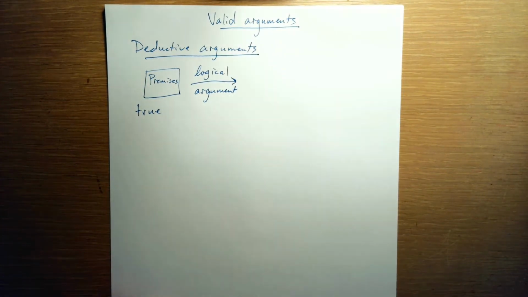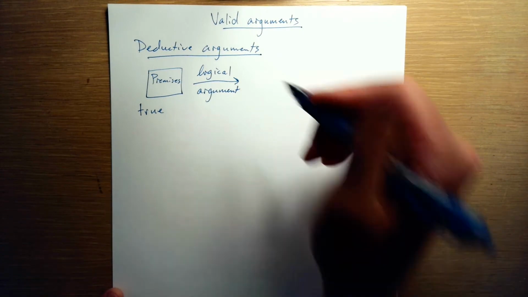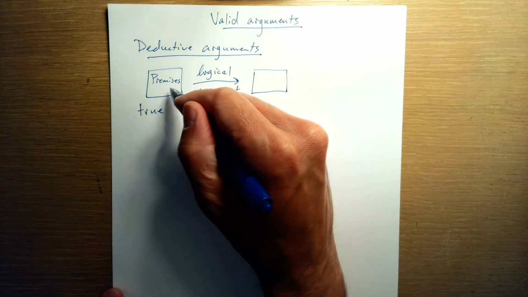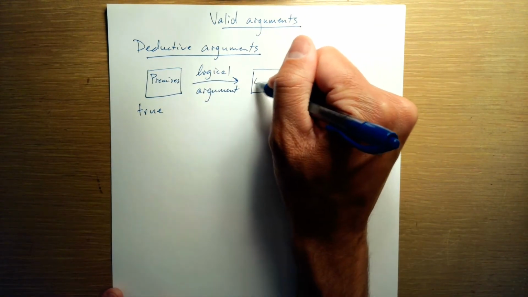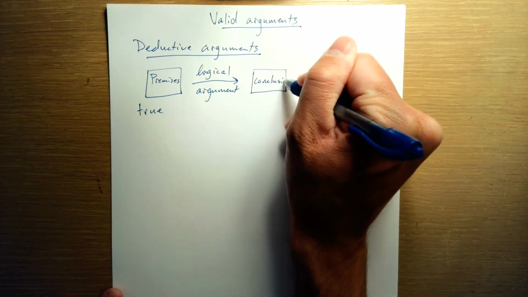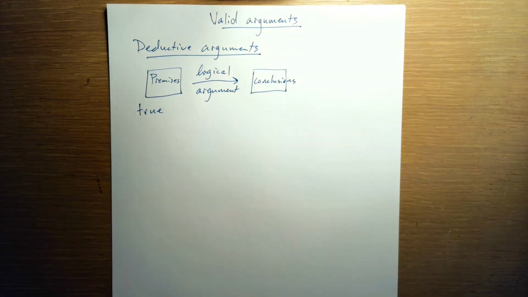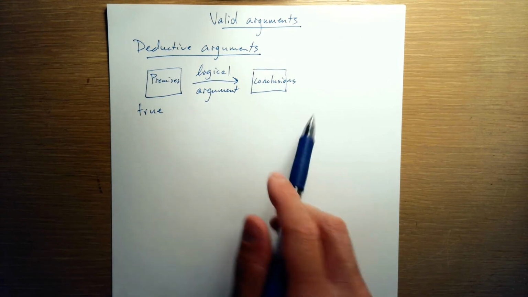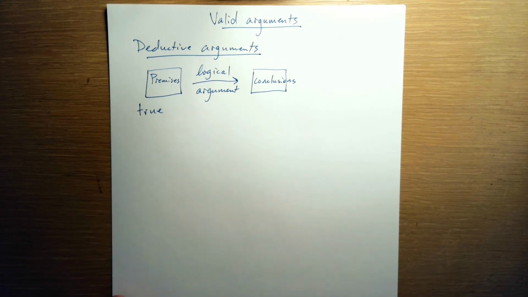And this is pretty vague because it could take many forms, but it does have to employ the standard laws of logic. And then from that argument, starting with the premises through the argument, you get some conclusions. And this is the basic setup of a deductive argument. You start with premises and you use logic to reach some conclusions.